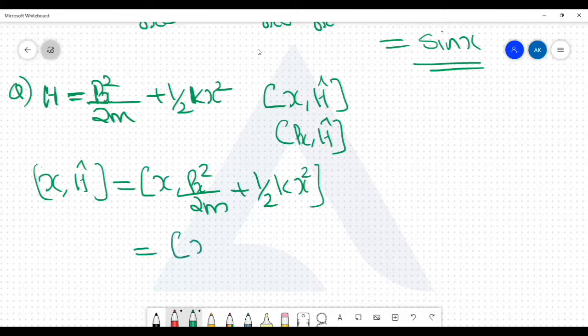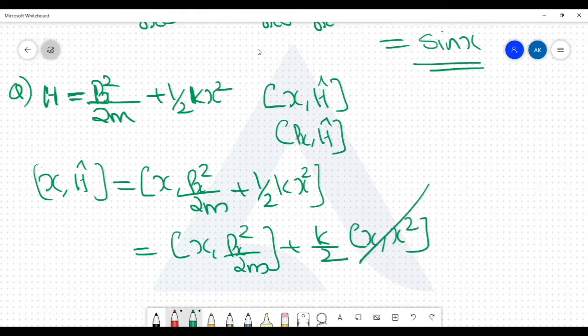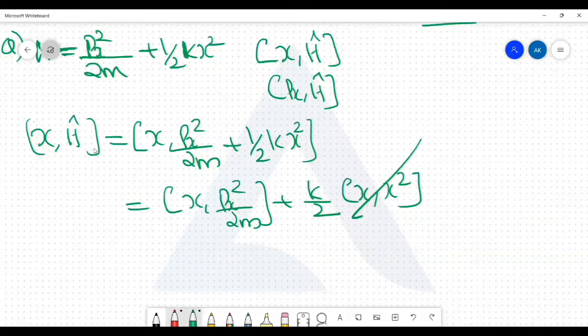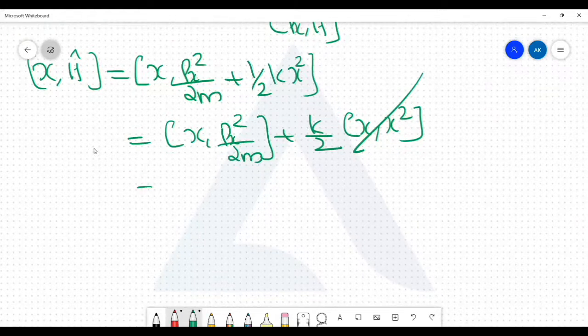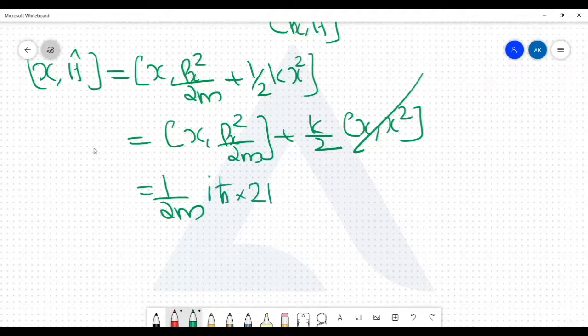You have to split this: [x, px²/2m] plus half k, which is a constant, therefore [x, x²]. This term will cancel because a function commutes with itself. But here you can pull 1 by 2m outside. [x, px²] will be iħ into 2px. Therefore, the answer will be iħ upon m px.